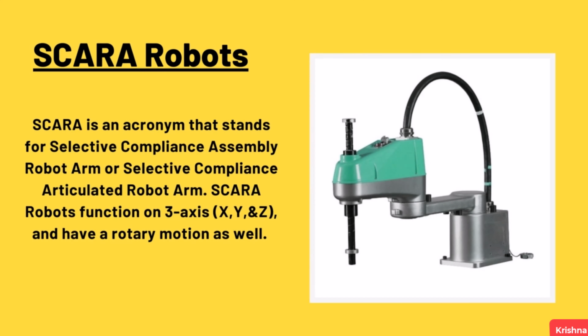Next, we have SCARA robots. SCARA is an acronym that stands for Selective Compliance Assembly Robot Arm or Selective Compliance Articulated Robot Arm. SCARA robots function on three axes, that is X, Y, and Z, and have a rotary motion as well.